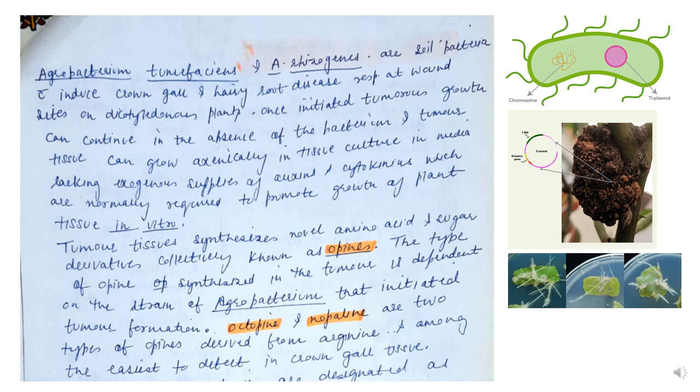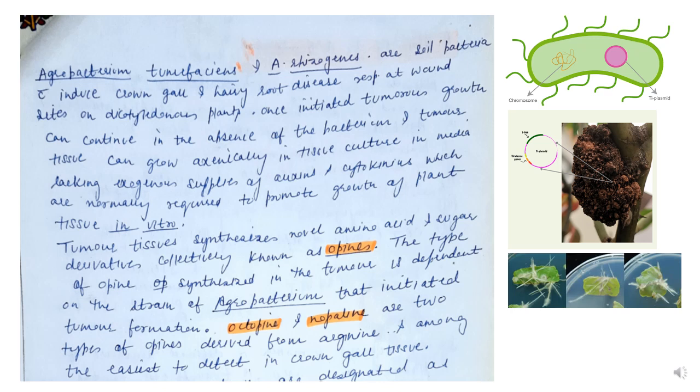This tumor is caused because the Ti plasmid has a special region, tDNA, which has genes for auxin and cytokinin synthesis, and it starts synthesizing an unlimited supply of these hormones. This results in the formation of tumor, and it can occur even in the absence of bacteria.